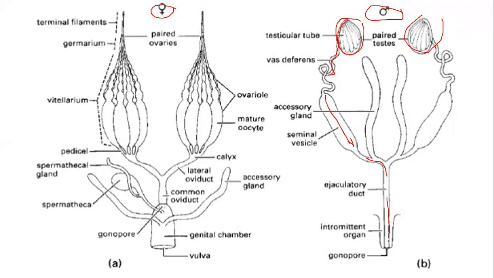The ejaculatory duct opens outside through the gonopore. This is the intromittent organ, known as the external genital structure, the aedeagus or penis. This is all about the structure of the male reproductive organ.